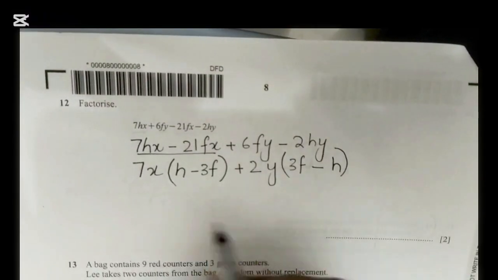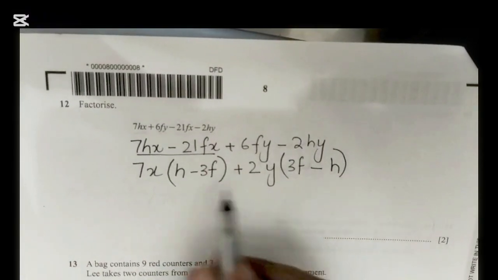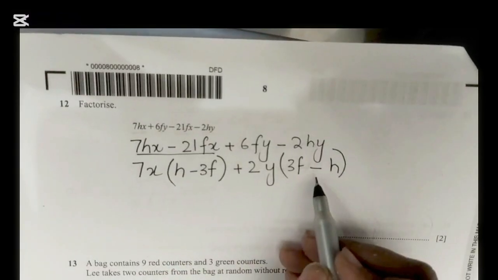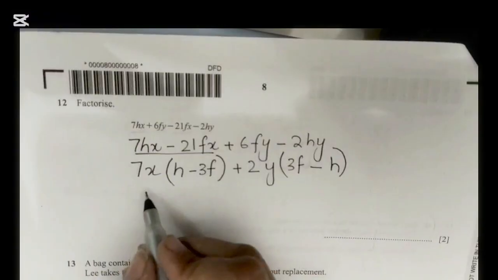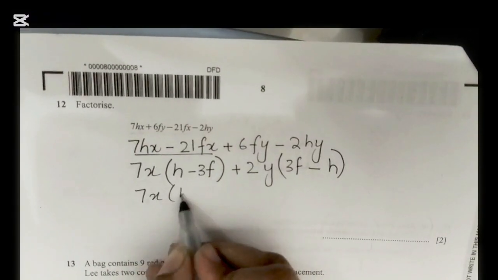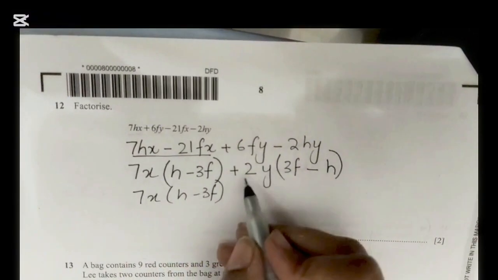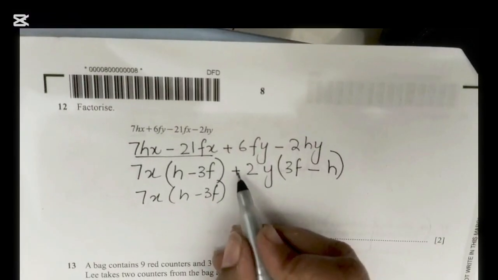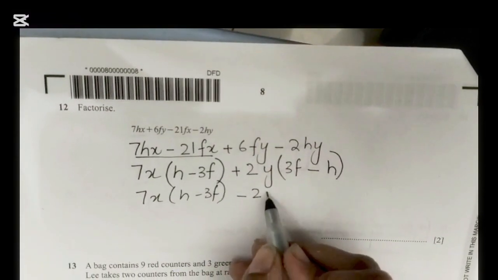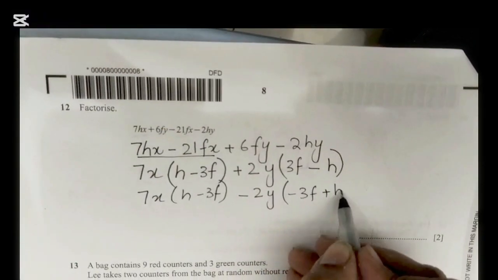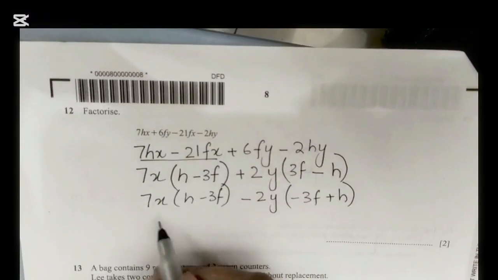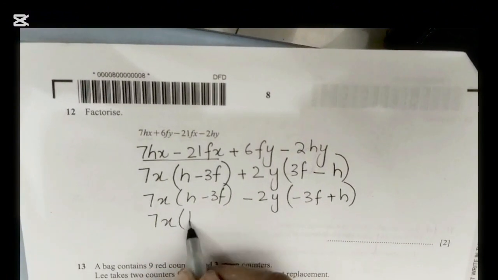Now you can see that here h minus 3f and here 3f minus h, so I have to take the minus sign common, so we'll get 7x times h minus 3f as it is. Now I am writing minus over here, minus sign common, so it would be minus 2y times h minus 3f. If we arrange both of them, we'll get the same expression in the brackets.